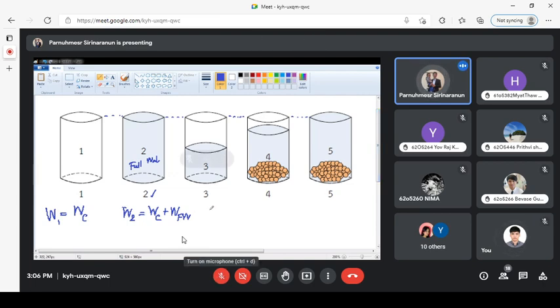This is state 3, the third state. This state has not only the weight of the container inside, it also has half of the water too. Okay? Something like this. Half of the water inside.